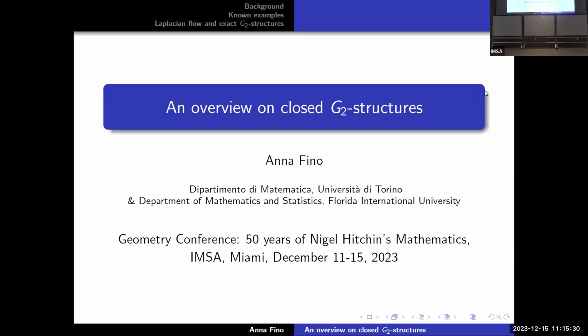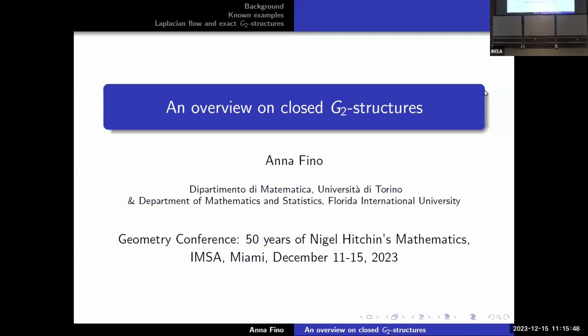The topic will be G2 structure. I will not put the picture of the paper by Nigel, but the influential paper related to G2 and its relation with dimension seven is the paper "Stable forms and special metrics".